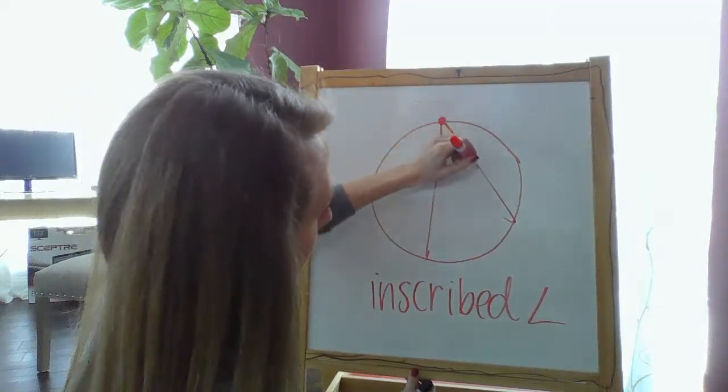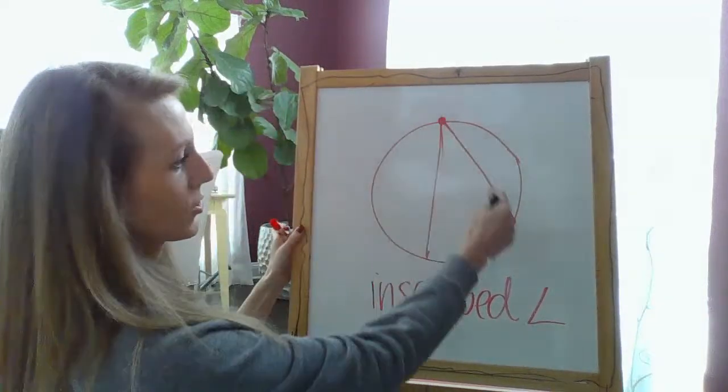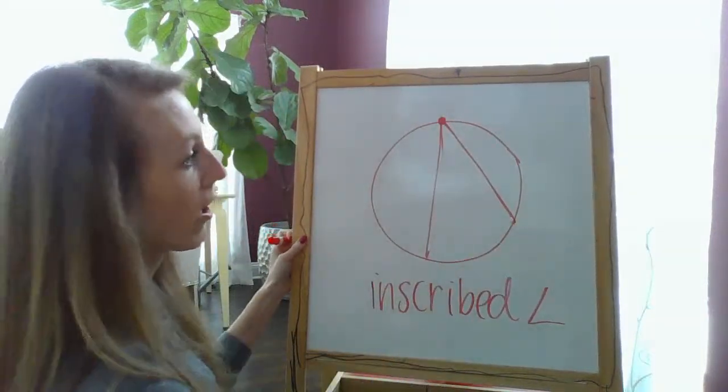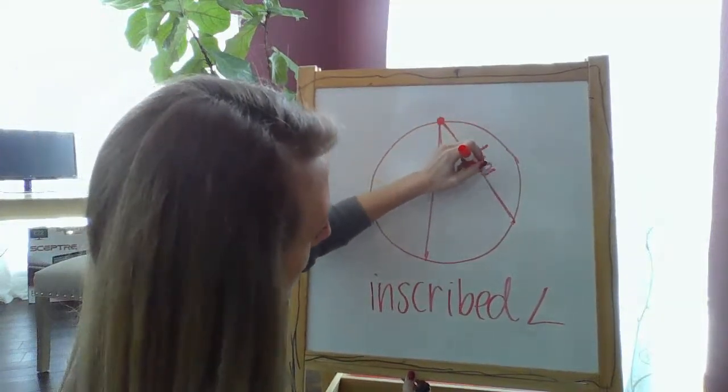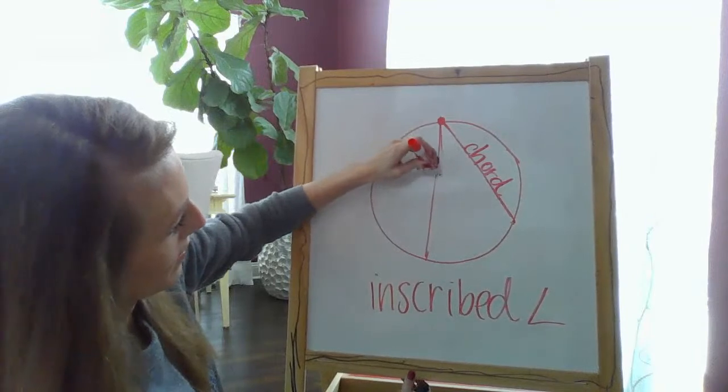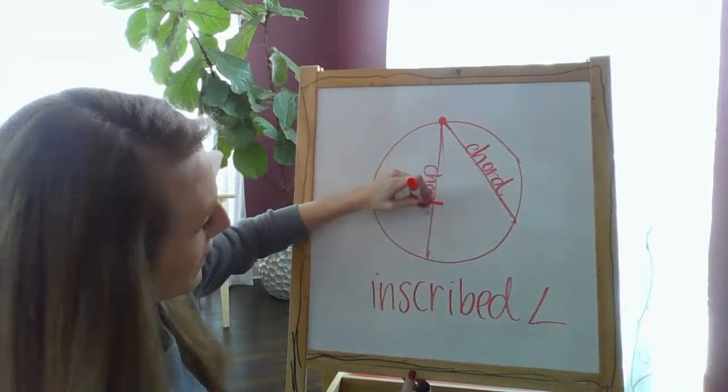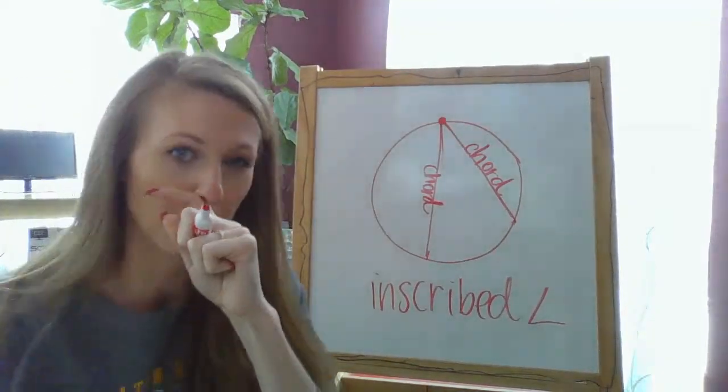So this angle right here, where the two sides of the angle are made by what we call chords, this is a chord, and this is a chord. That's called an inscribed angle, okay?